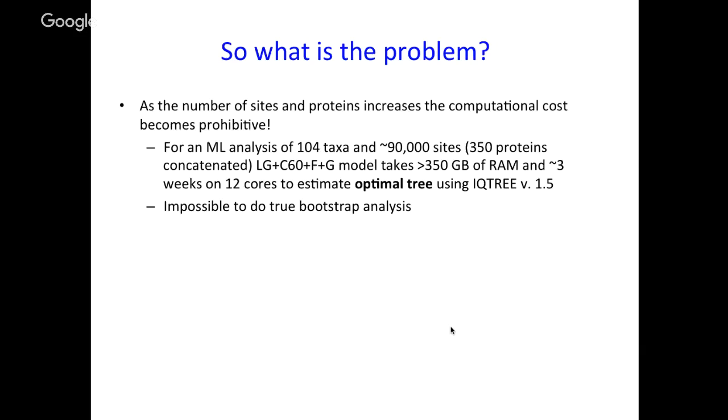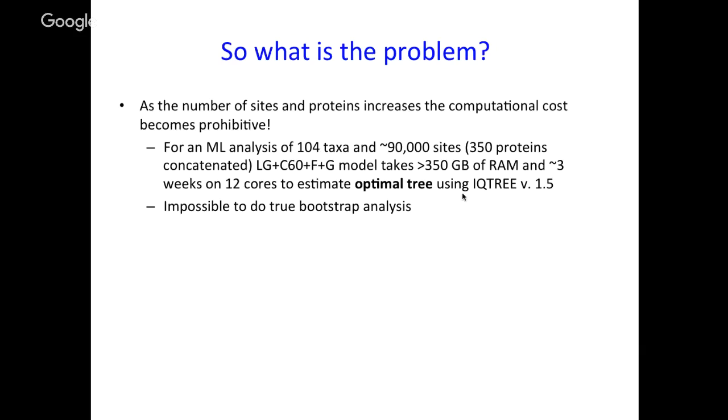Just to give you an idea, for a recent maximum likelihood analysis we did with IQ-TREE using the C60+F mixture model, with the LG model as the exchangeabilities and a gamma distribution, with 104 taxa and 90,000 sites in our large concatenated matrix, the model took more than 350 gigabytes of RAM and about 3 weeks on 12 computer cores just to estimate the optimal tree.